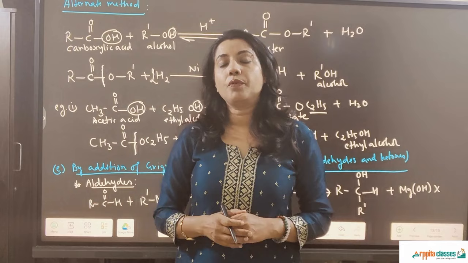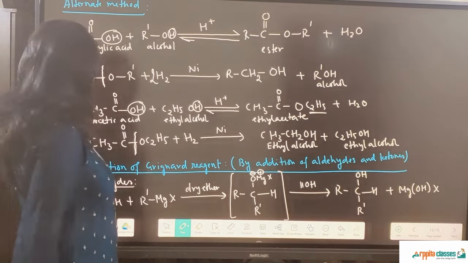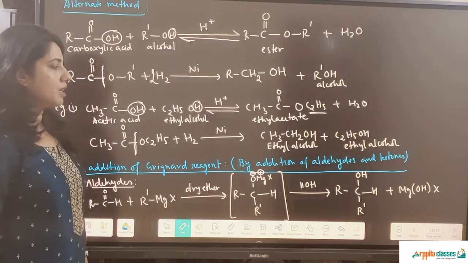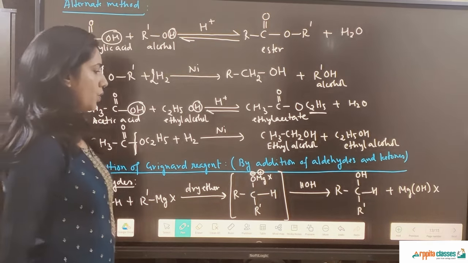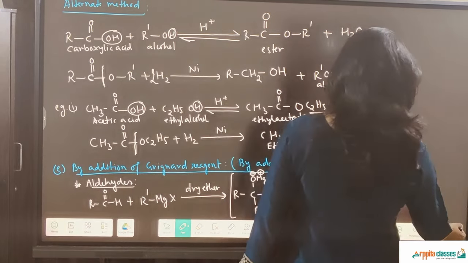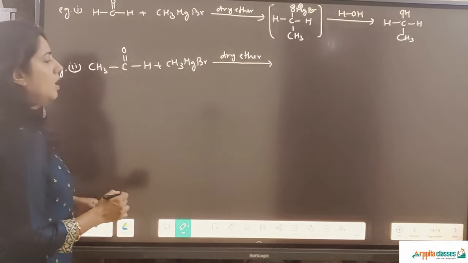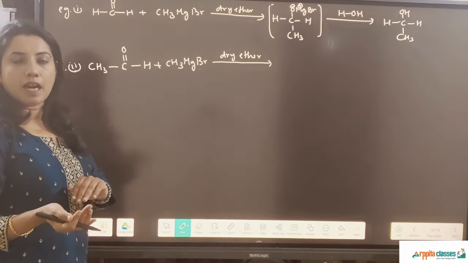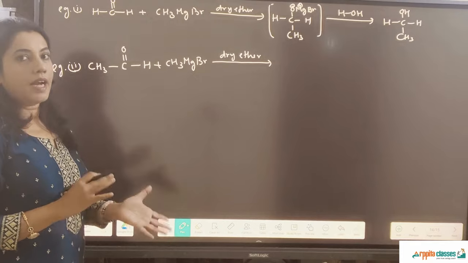Now the last method for the preparation of alcohol, that is addition of Grignard reagent. By addition of Grignard reagent to aldehydes and ketones. So this one I'll just show you how it has to be done. So we are using Grignard reagent and the substrate is aldehyde or ketone.